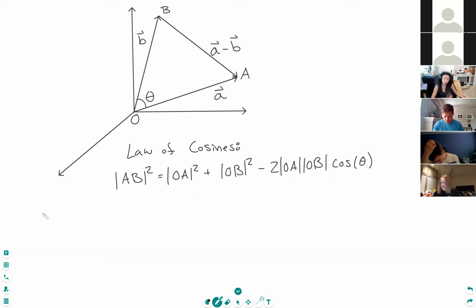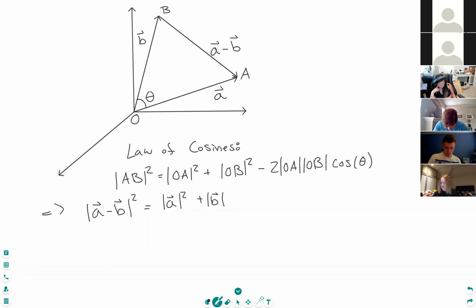In terms of our vectors, this is the magnitude of the vector A minus B squared is equal to the magnitude of the vector A squared plus the magnitude of the vector B squared minus 2 times the magnitude of the vector A multiplied by the magnitude of the vector B, and then cosine of the angle between the vectors A and B, theta. Okay.